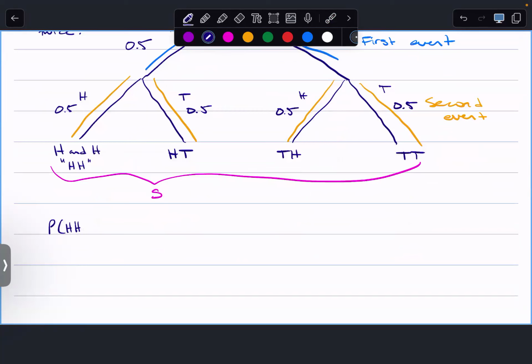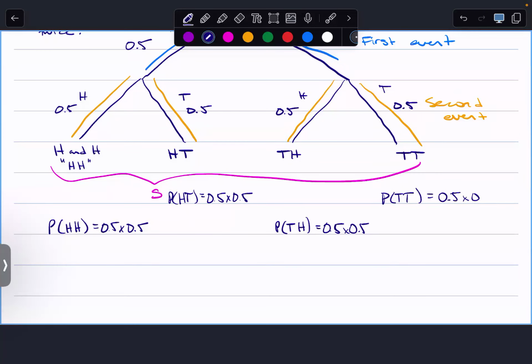Probability of HH is 0.5 times 0.5. Probability of HT is 0.5 times 0.5. TH, surprise, 0.5 times 0.5. That's all boring.